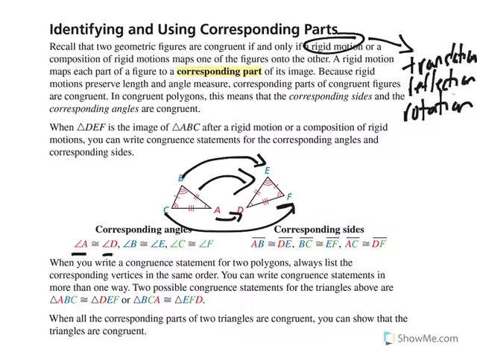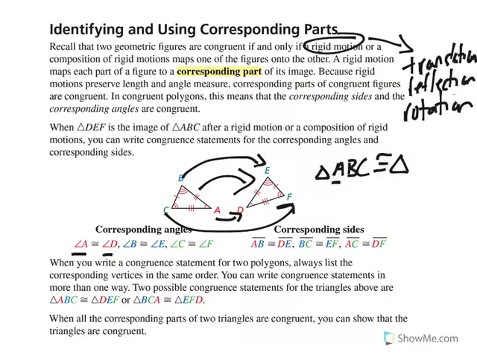So the biggest thing to note from this, as we look into it further, is whenever you write them, it's going to be very important you put corresponding portions in the same position. Okay, so in this example, since A and D are corresponding with each other, they're the same exact point on that triangle, I always want to put them in the same position. So if I were to write triangle ABC is congruent with triangle, and I want to list this other triangle, I need to make sure they're in the same exact position.